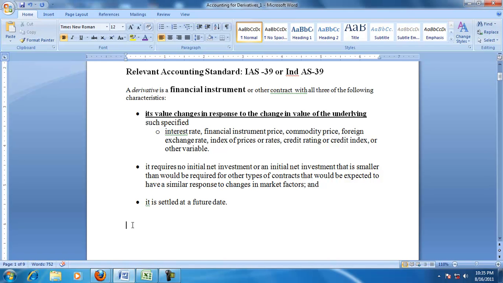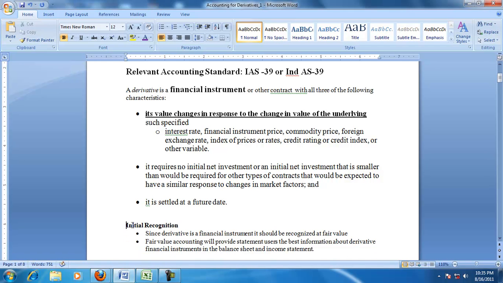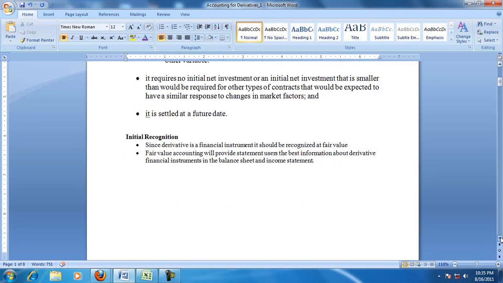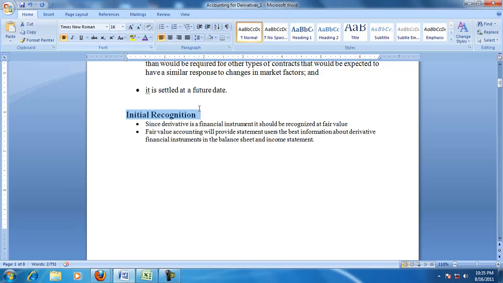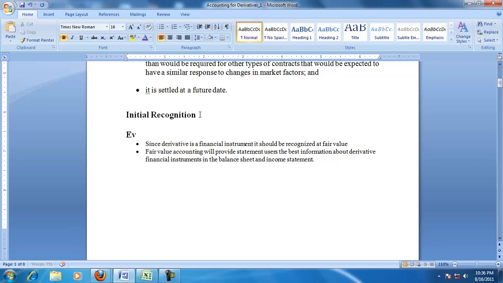So the moment we understand that a derivative is a financial instrument, that brings clarity to the first question, the initial recognition. What is the initial recognition as per IAS 39? IAS 39 says that every financial instrument should be recorded at fair value.